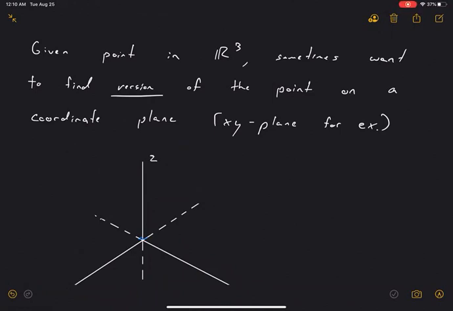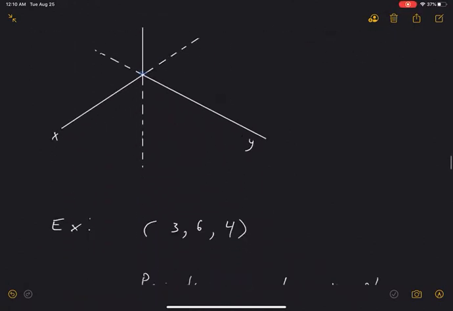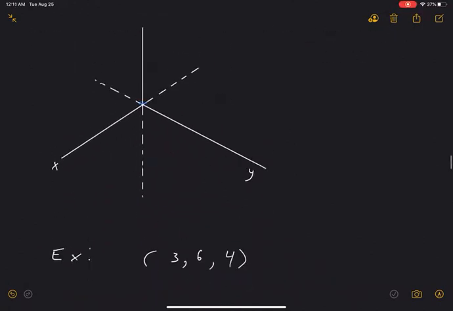I'll move 3 units along the X, 6 along the Y, and then 4 units up. So maybe that point's there, something like that.